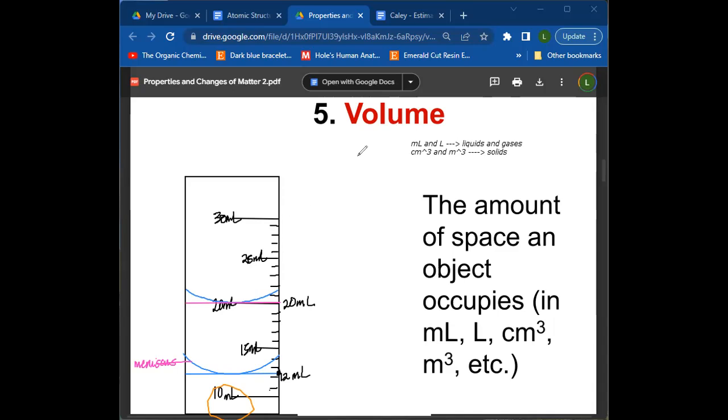Okay. So basically the volume of the rock is going to be the difference in the volume of water. Because the water level rose 8 milliliters, that's the volume of the rock, basically. Or actually, let me undo this for a second and put volume of rock.